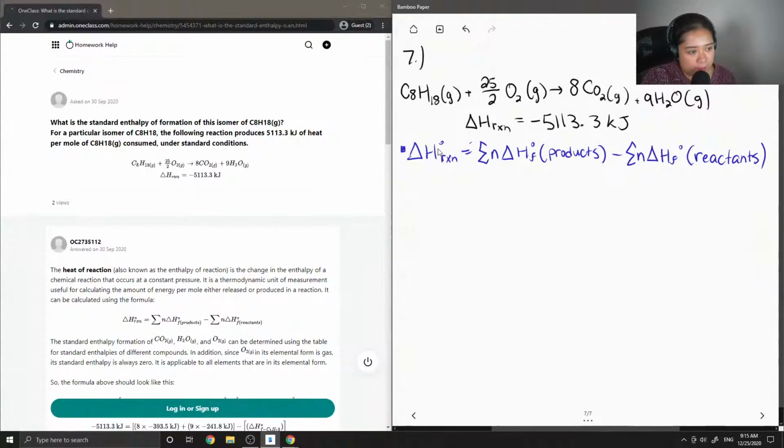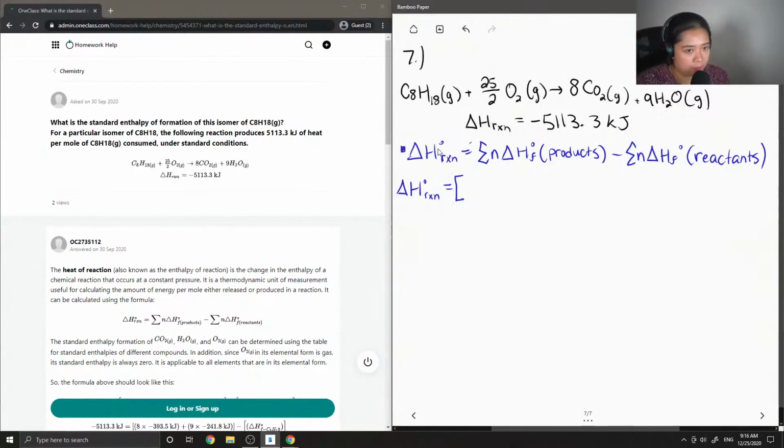Okay, so I can also show what this looks like for our example. So N means number of moles, so that's why it's important for your reaction to be balanced, because it has an effect on the overall delta H of the reaction.